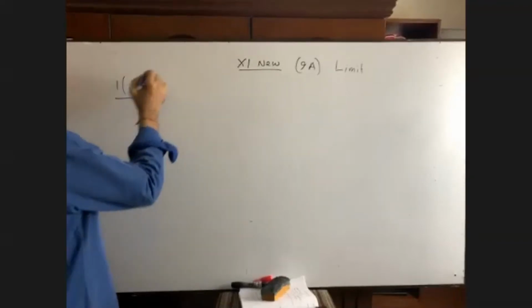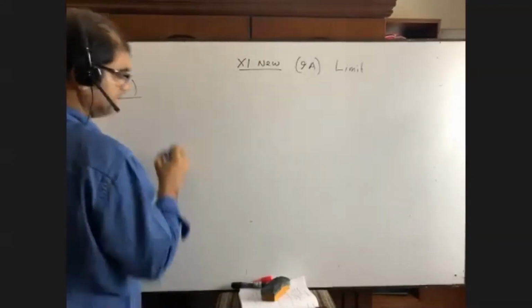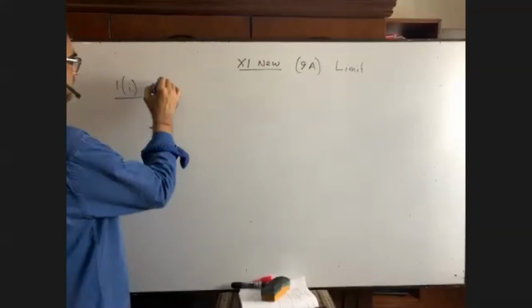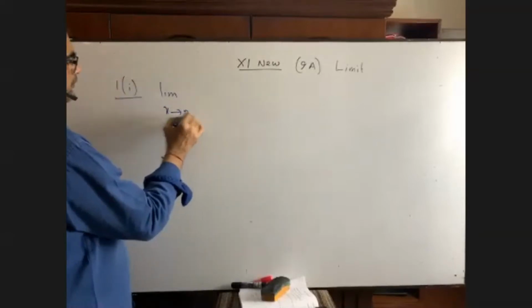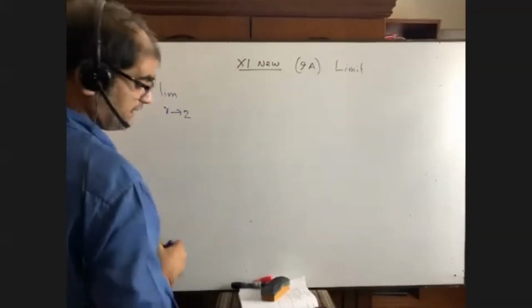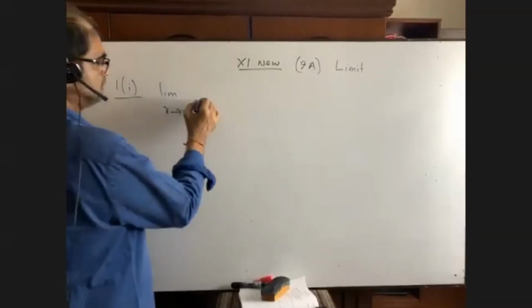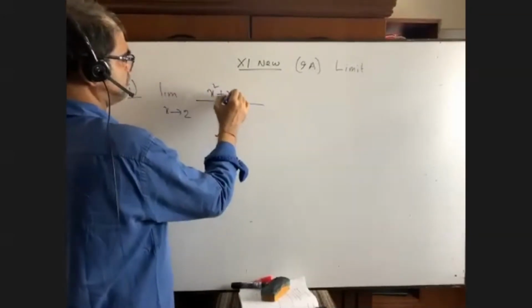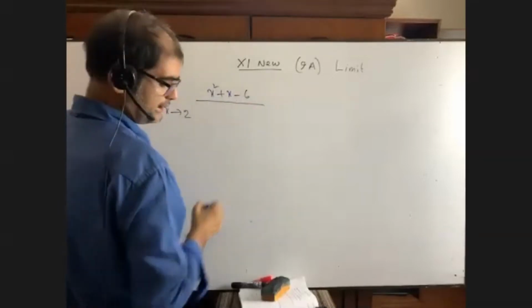Exercise 9 I mentioned here: limit x tends to 2 of (x square plus x minus 6) by (x square minus 4).